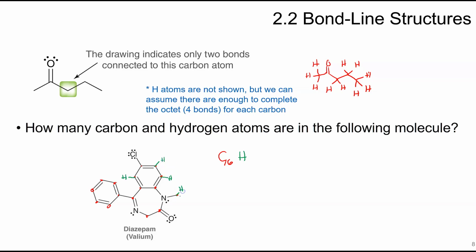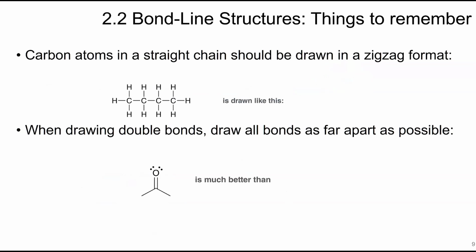There's 3 here. 2 here. There's none here. This carbon's already making 4 bonds. Same with this one right here. We have 1 here. And 1 here. If we count them up, we should come up with 13 hydrogens. So the formula here is C16H13.